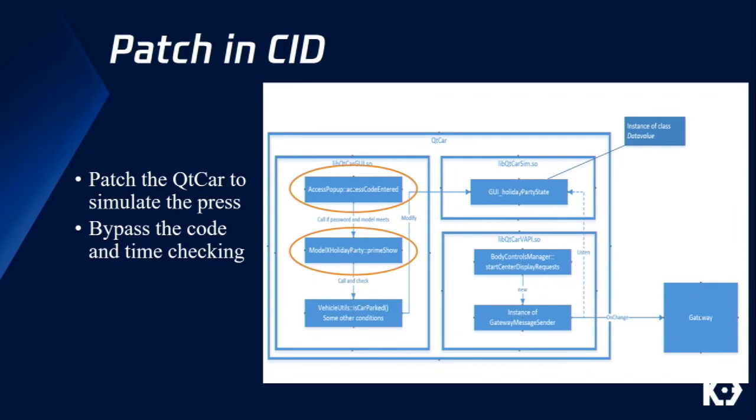You should input the right code. You should bypass these two checks, and also use some hook techniques to simulate the user press in the Qt core. So that's a very large reverse work.